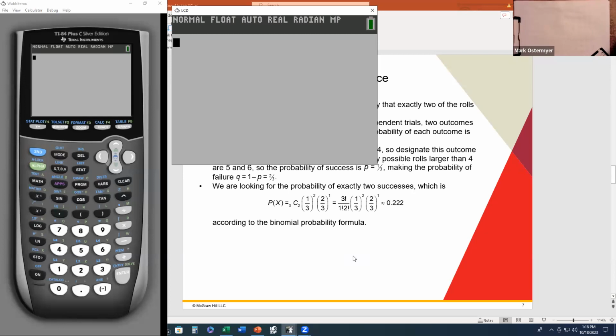And when we bring that binom PDF function up, we're going to need to know what the argument list requirement is. Now, I think they do eventually show on this PowerPoint what that must be.